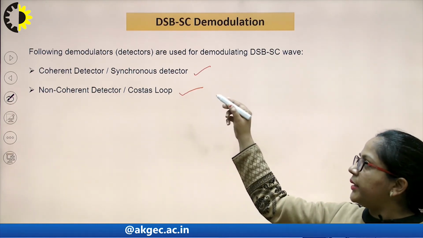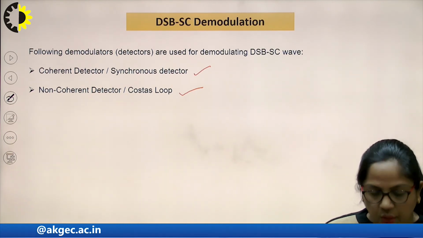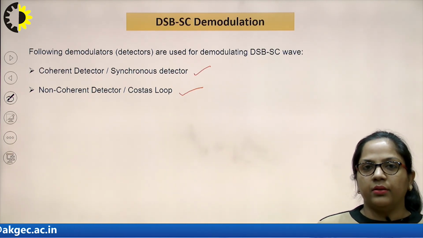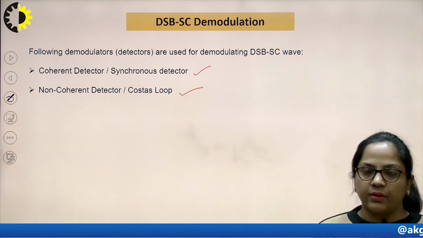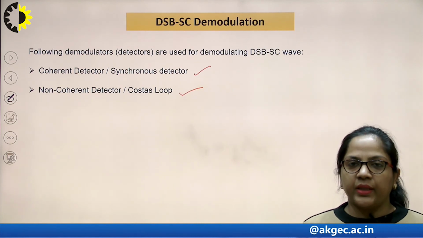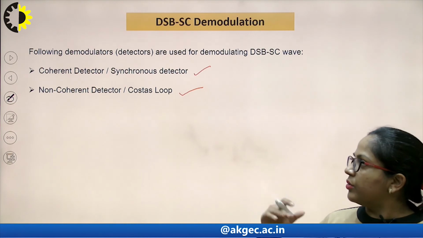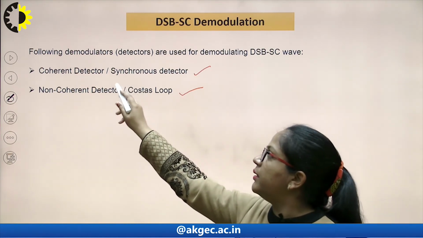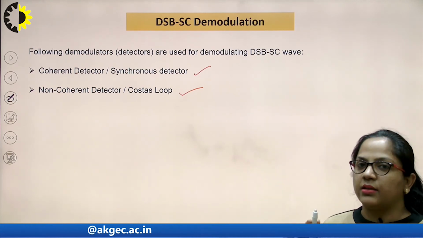What is coherent detection or synchronous detection? In coherent detection, we have to use the carrier signal at the receiver having the same phase and frequency that we were originally using at the transmitter. So in coherent detector, we need a carrier signal having the same phase and frequency that we were using at the transmitter.